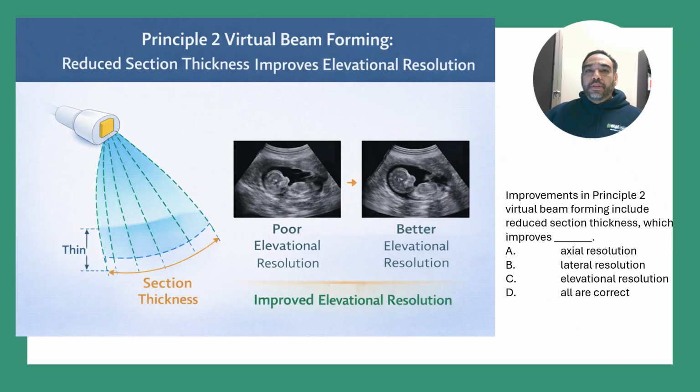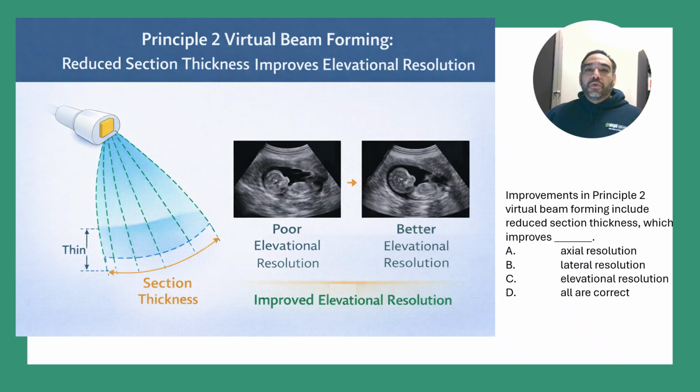So let's go ahead and talk about the other answers and why they are incorrect. A said axial resolution. Axial resolution depends on the spatial pulse length, and it depends on frequency. So it's not affected by section thickness. B said lateral resolution. Lateral resolution depends on beam width in the imaging plane and depends on focusing. So section thickness is perpendicular to the imaging plane. And D was all are correct. Obviously, that can't be correct.